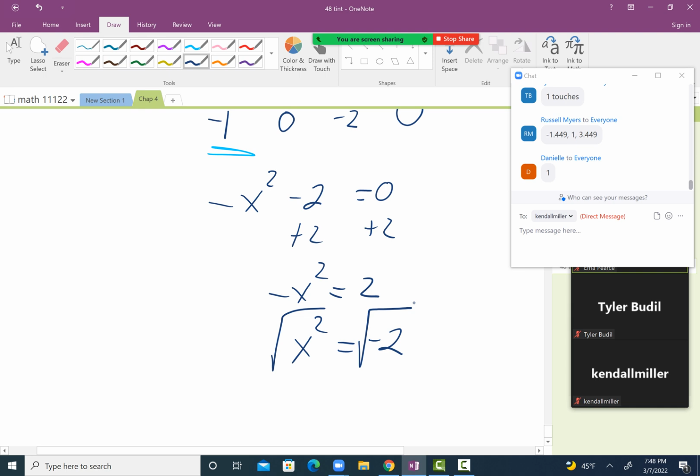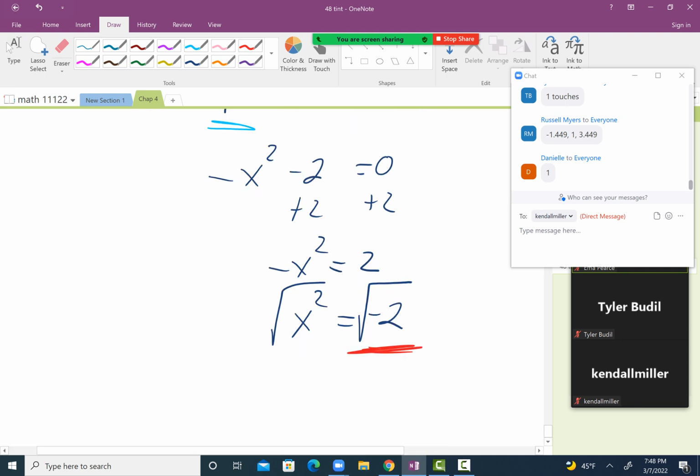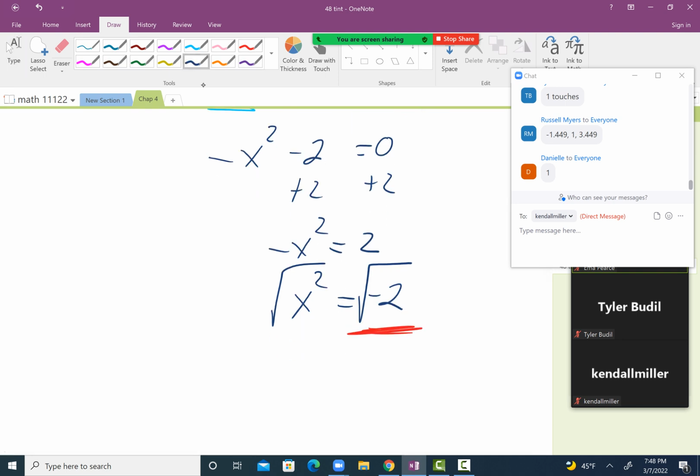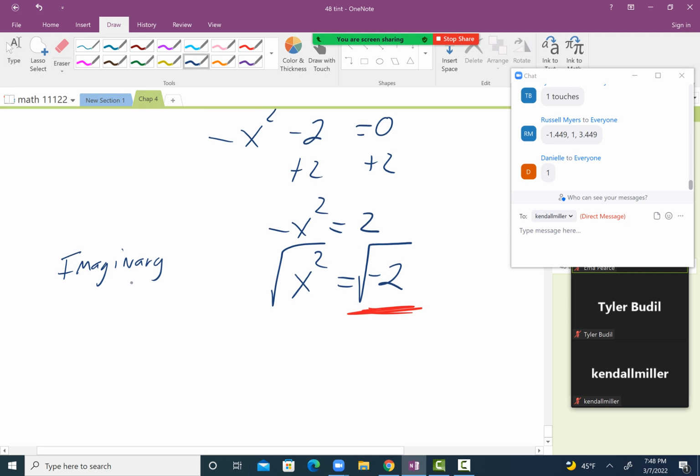But we have a problem, because we can't take the square root of a negative number. All right, can't do that. So that means that we have an imaginary solution here. Okay, and so again, I don't know how many people are familiar with imaginary solutions or imaginary numbers. The imaginary number i is equal to the square root of negative 1.